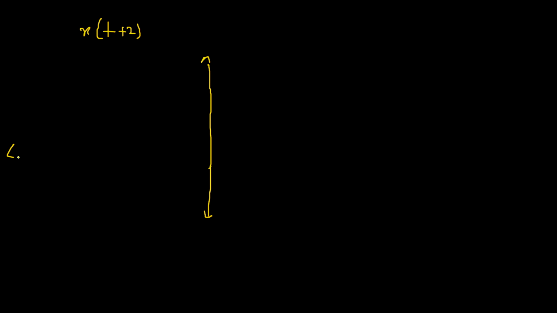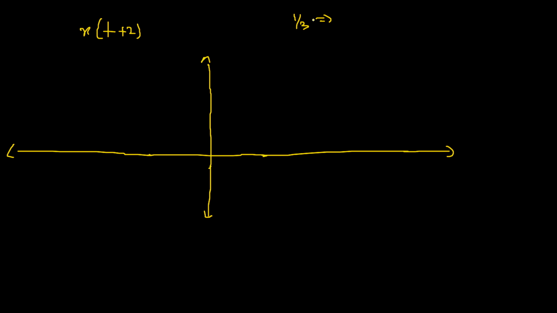Let's draw the graph here. If we are scaling it by a factor of 1 by 3, which is between 0 and 1, what we will basically be doing is expanding the graph.